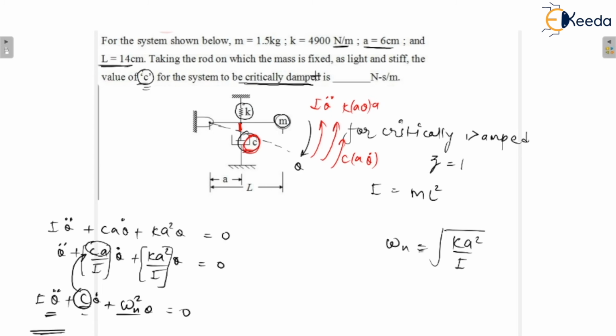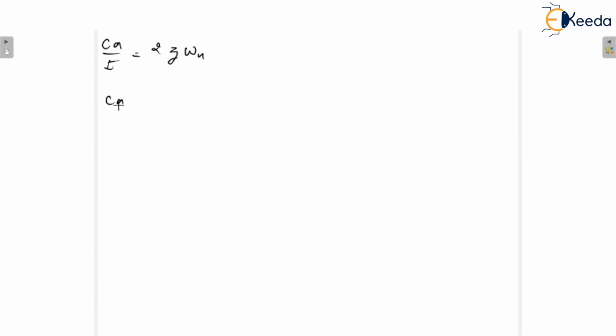So that means our formula would be Ca upon I is equal to 2 zeta omega n. Now zeta is equal to 1 for a critically damped system. This would become Ca upon I is equal to 2 times omega n, where omega n is under root of Ka square upon I. When you rearrange these equations, we have to find the value of C, that is 2 by a under root of K I a square.